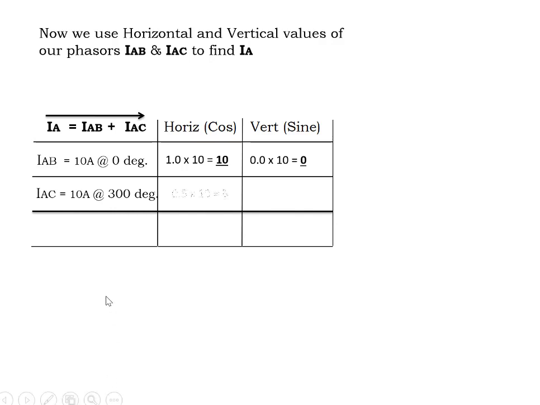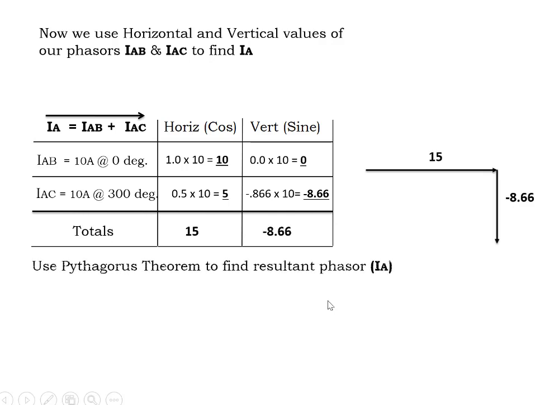The same thing for phase current A to C. 10 amps times cosine of 300 degrees will tell me what the horizontal part is. 10 amps times the sine of 300 degrees will tell me what the vertical part is. And again, we just add those values up to get the total horizontal, total vertical.